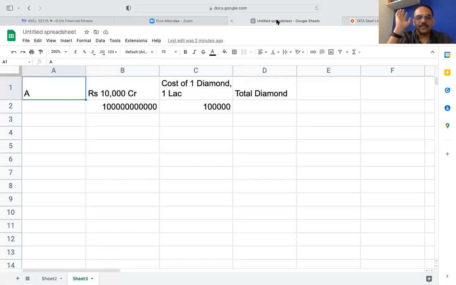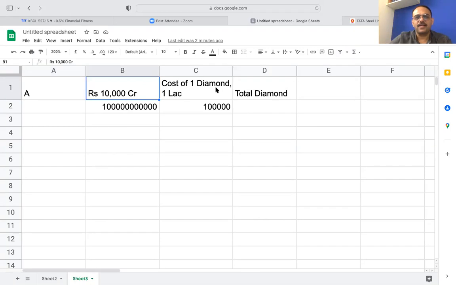So let's say Mr. A has 10,000 crore rupees in his pocket. Now he wants to buy diamonds, so he has to go to the diamond market.